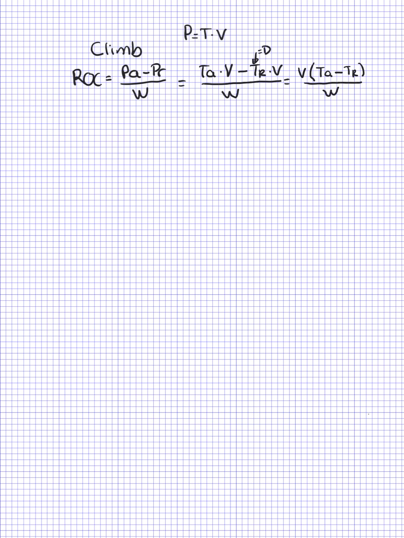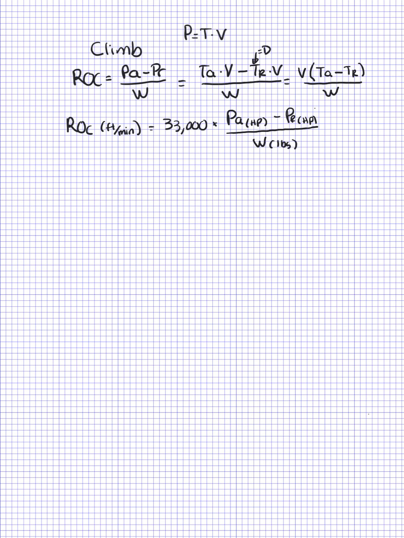Very good. So now if we're trying to do the calculations and we want the rate of climb in feet per minute, there's going to be a unit conversion number of 33,000, so that we get rate of climb in feet per minute, with power available in horsepower minus power required also in horsepower, over weight in pounds.